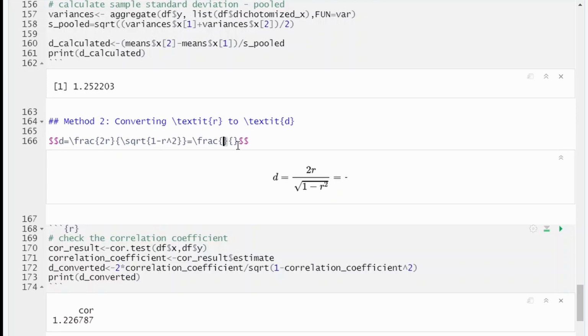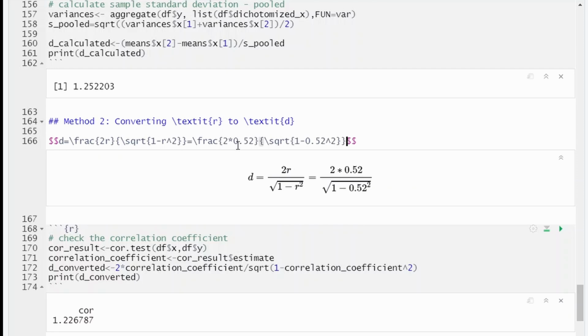So it's 2 times 0.52, and then the denominator is, okay, I'm using R Markdown here, SQRT, 1 minus 0.52 squared.